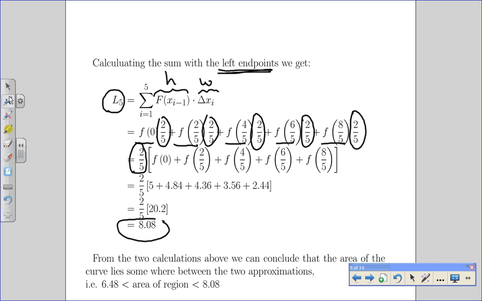Now, both of those were either entirely over or entirely under. But there was no magic to picking the left endpoint or the right endpoint. I could have picked any point inside that interval and essentially accomplished the same thing.